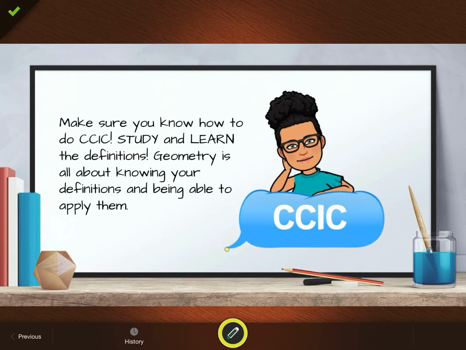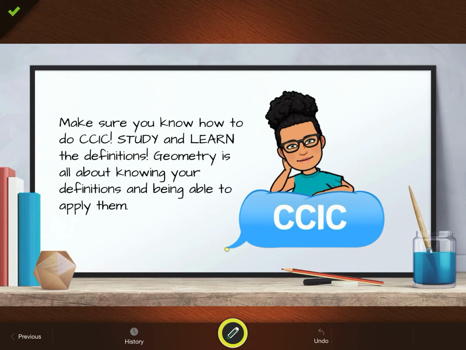Now, that's a lot of information in a short period of time. And notice I say, make sure you know how to do CCIC. CCIC just means conditional, converse, inverse, contrapositive. But you do need to go back and study them and make sure you've got your keywords.